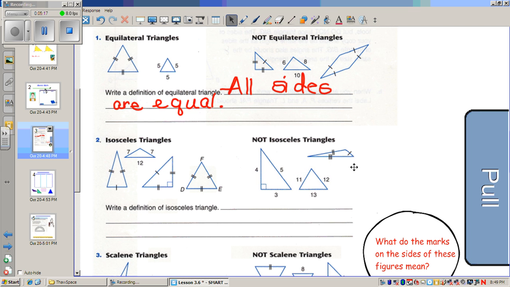So what is the definition of an isosceles triangle? I hope you noticed that at least 2 sides are equal, and that is the definition. So we'll go down here: at least 2 sides are equal.